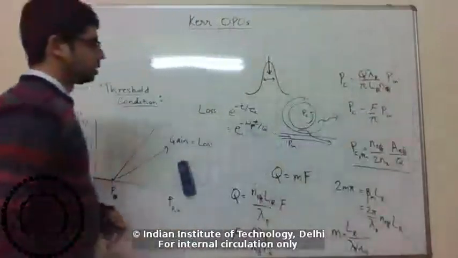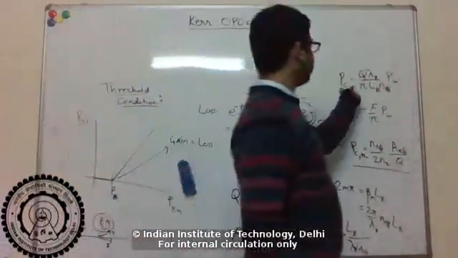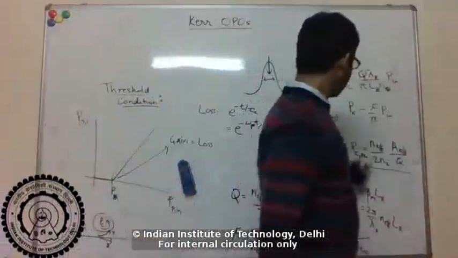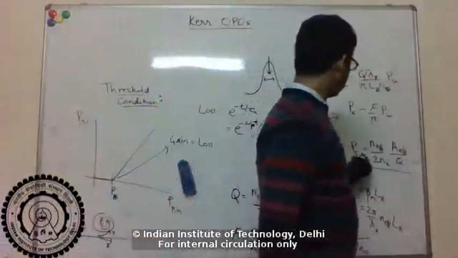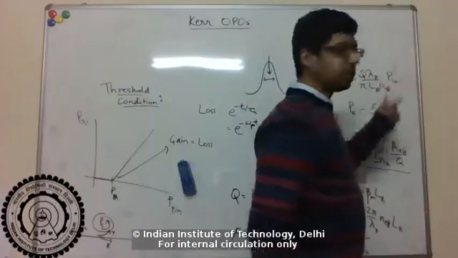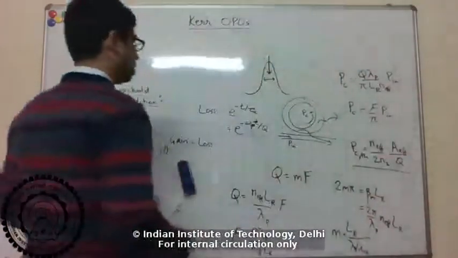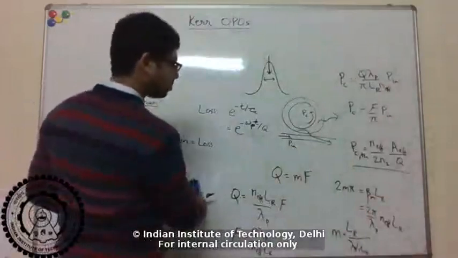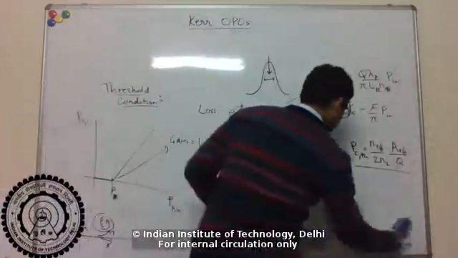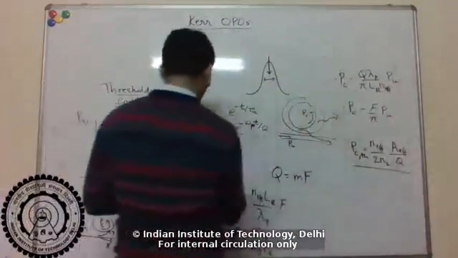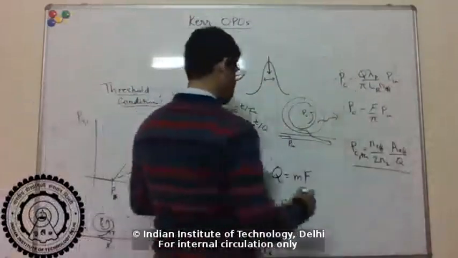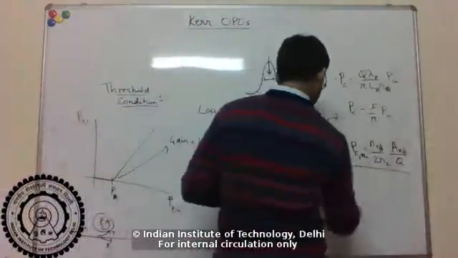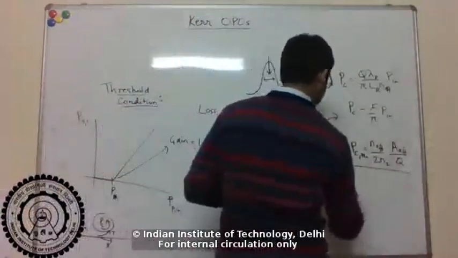Now I have a relation between the power in the cavity and the power sent into the waveguide, so I can write P_C in terms of P in.